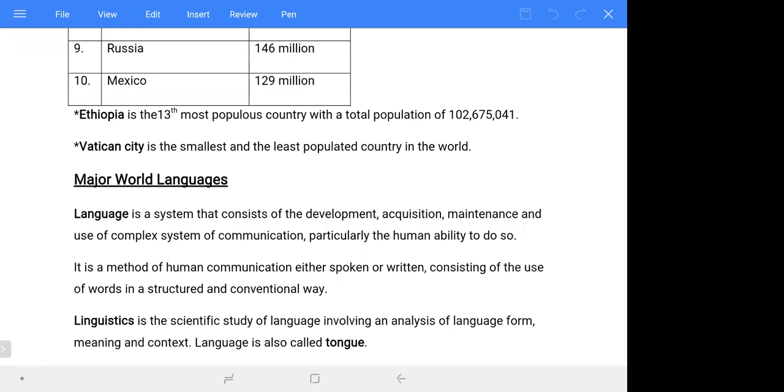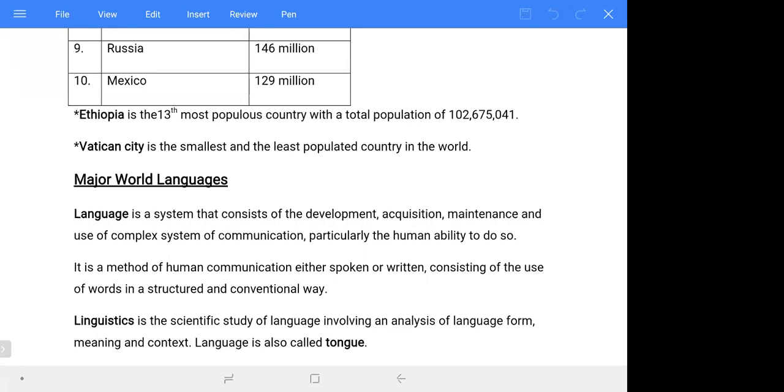And Mount Elbrus is located in Russia for Europe. Then Kosciuszko is the highest point for Australia, and it's also in the country Australia. Then Ellsworth is the place where we get the highest point for Antarctica, Vinson Massif.